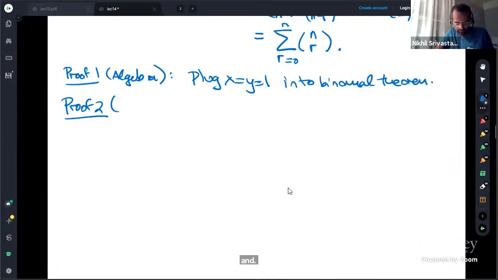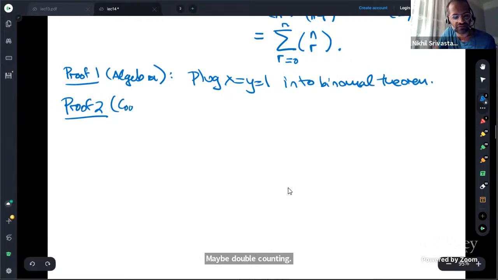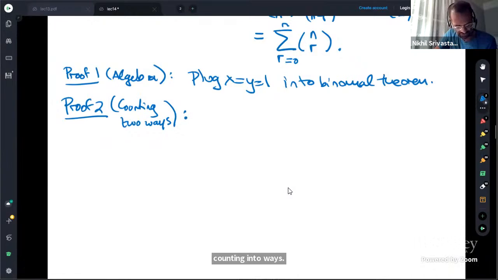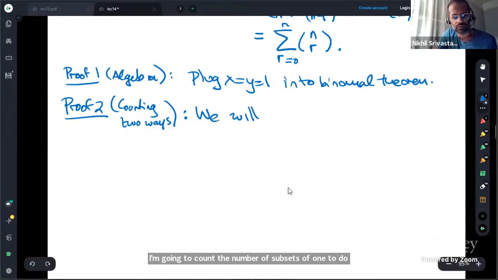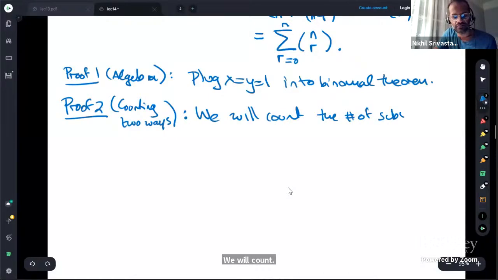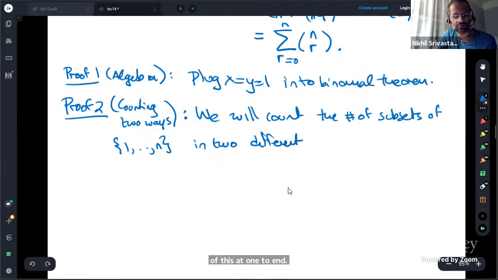And I guess this method could be called double counting, or counting in two ways. Okay, so what I'm going to do is count the number of subsets of 1 through n in two different ways.